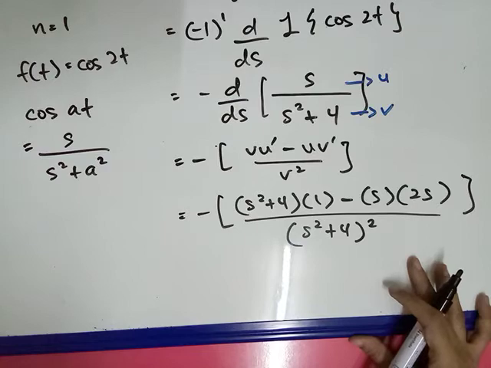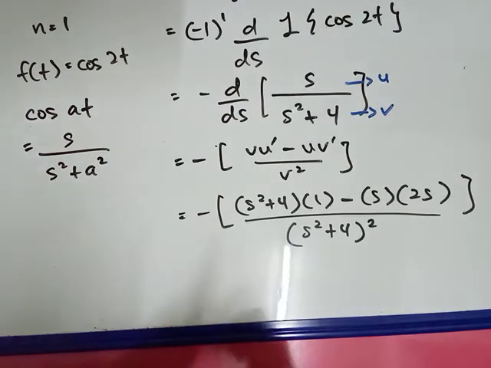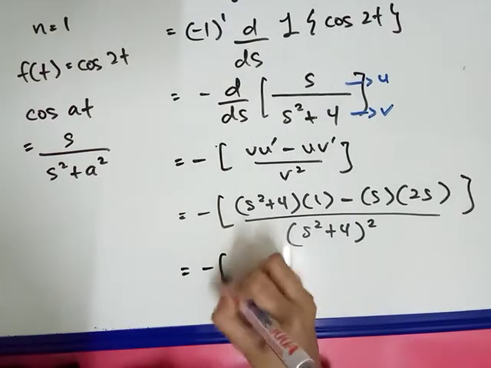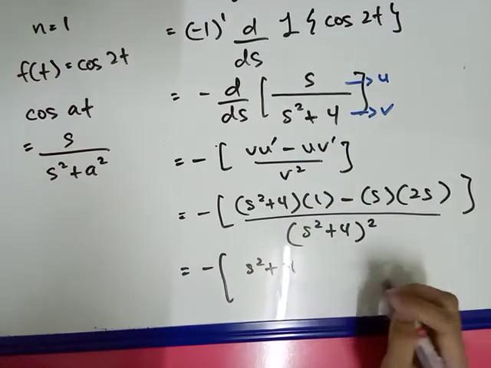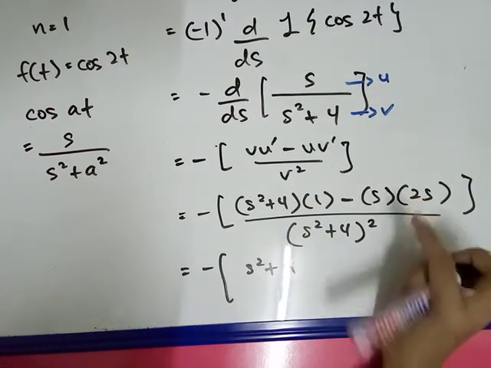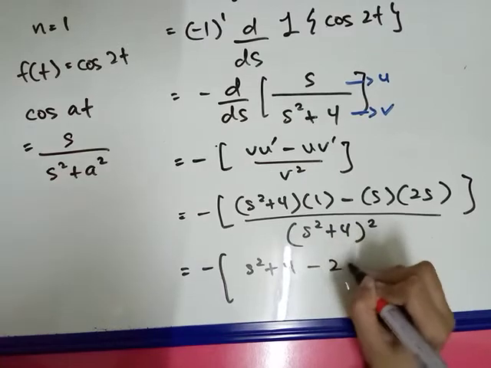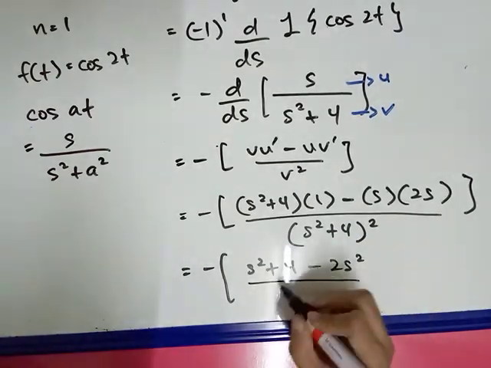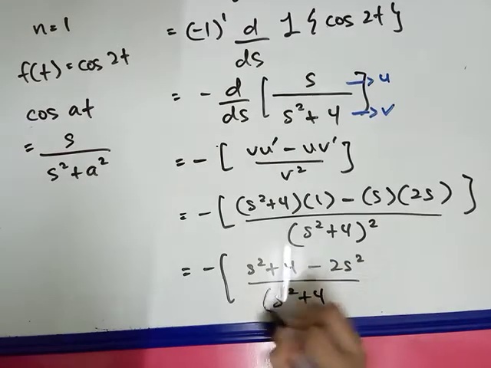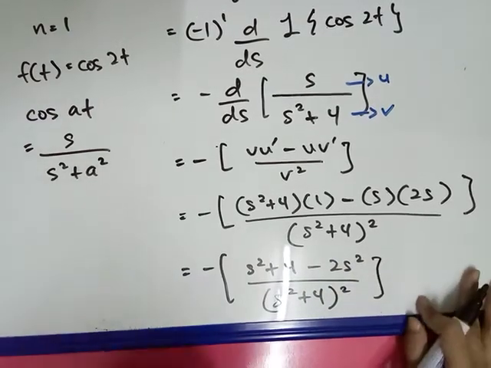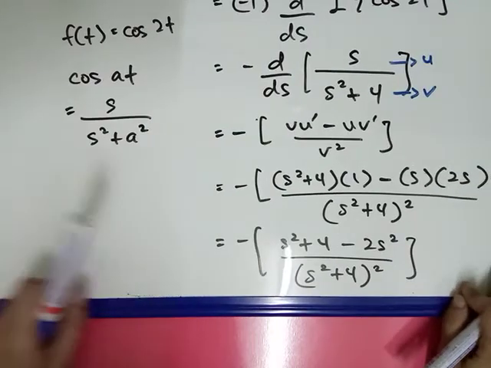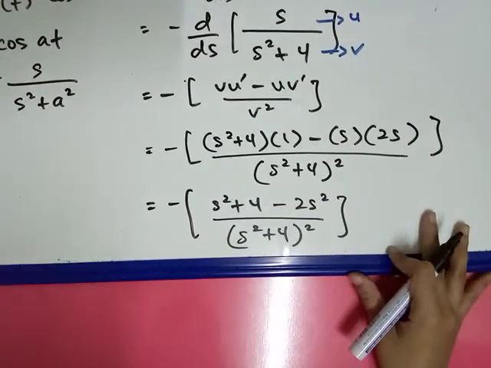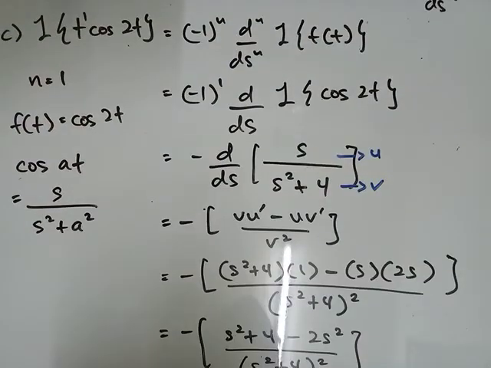Okay, do you understand so far? And then what? You need to solve. Okay, negative, s square plus 4, minus s times 2s, we get negative 2s square, and s square plus 4 power 2. Sorry, there is lighting there. Okay, and then what? You need to solve.